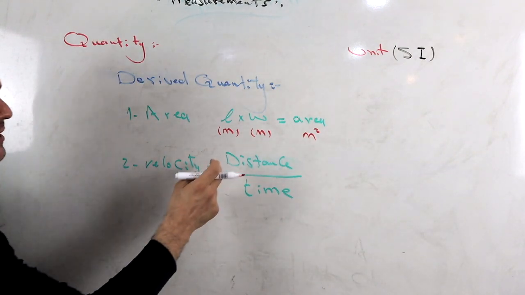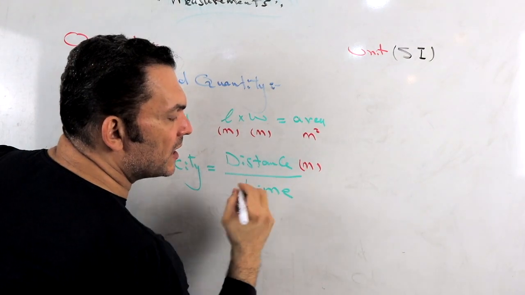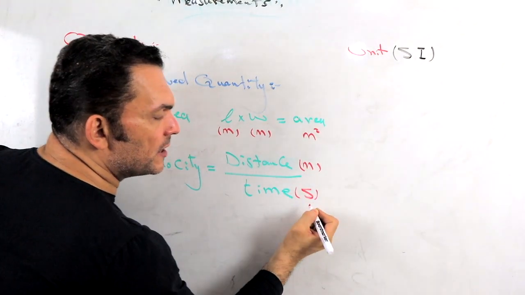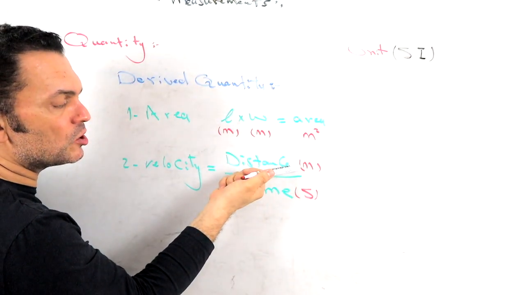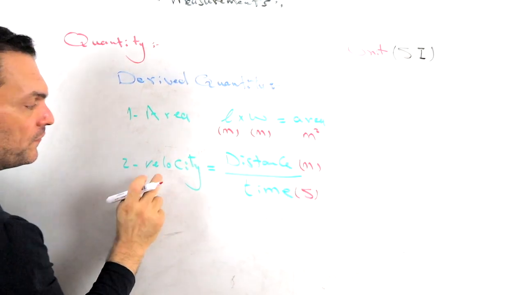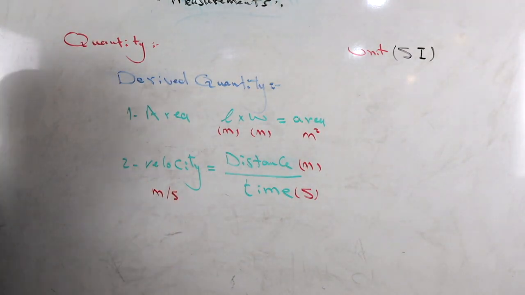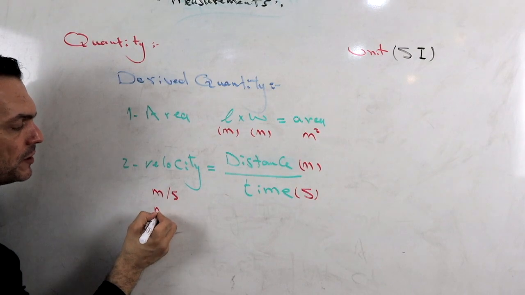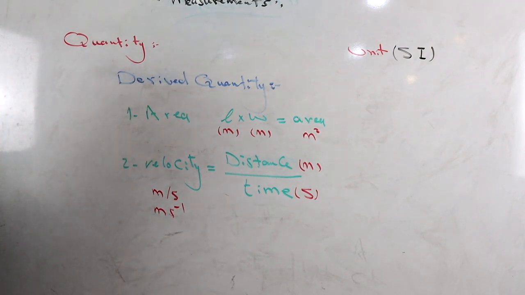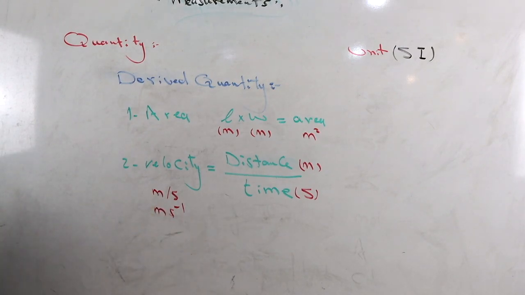But anyway, when I say distance divided by time, the distance is measured in meter and the time is measured in seconds. Remember that this is a base quantity and this is a base quantity. When I mix them together, I'm going to give you the measuring unit for the velocity, which is meter per second. In some books, you can write it meter second minus 1, because when it comes to the power of -1, it means the s is in the denominator.